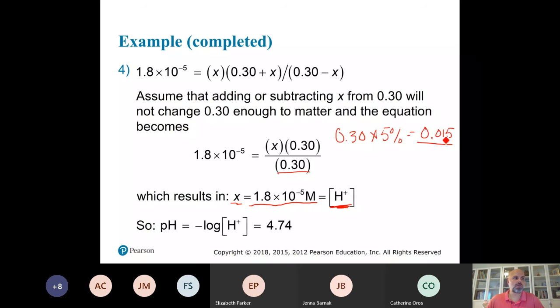But because this is a smaller number than 0.015, we can make the assumption. Yes, it would be the reactant concentration in this case.